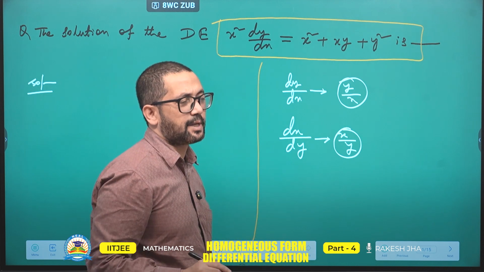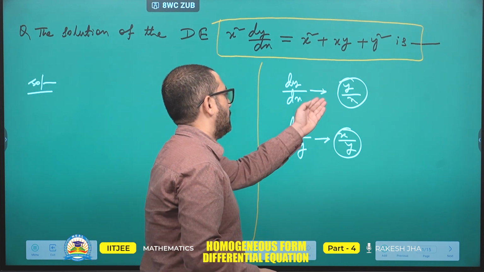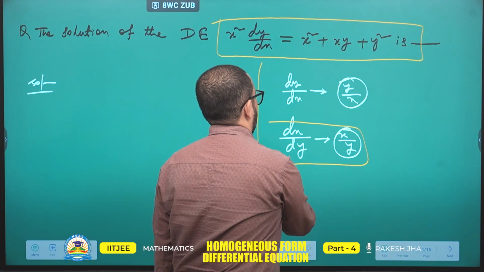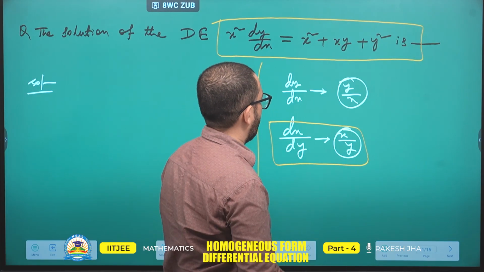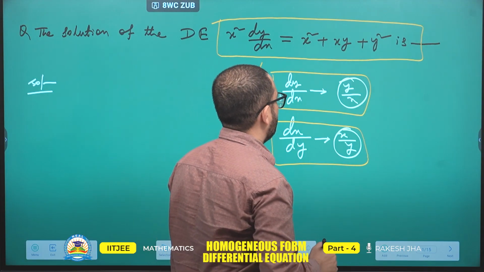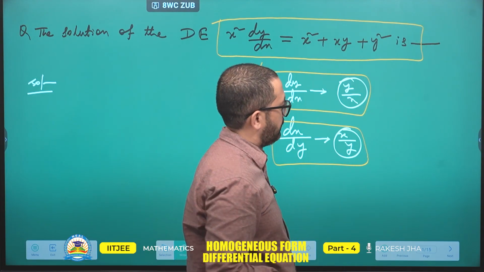So all the variables can be transformed into either y by x or x by y. If it is dx by dy, then x by y, and if dy by dx, then y by x. And if constants are there, that's okay, no problem.